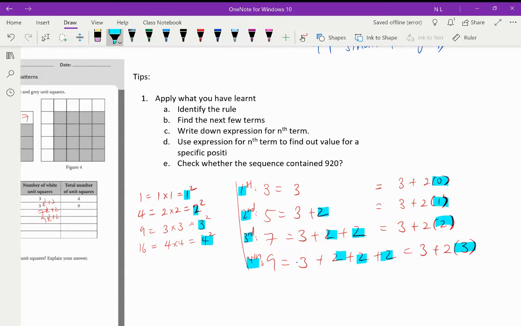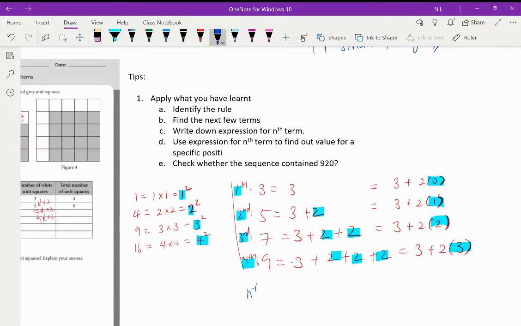When it's figure 4, the fourth term, I have 3 sets of 2. So you notice that the number is always 1 less than the figure number. That means for my nth term, it will be 3 plus 2 times (n minus 1).